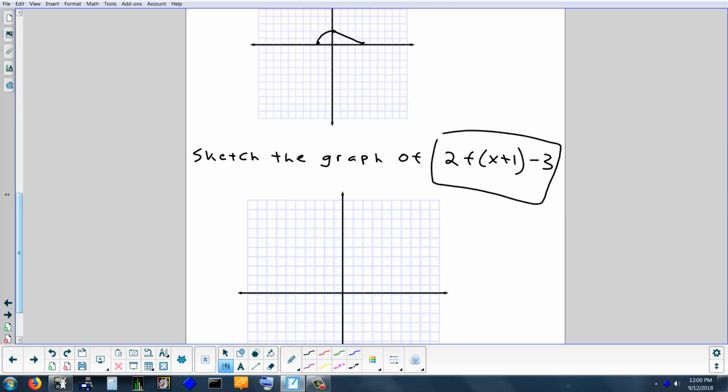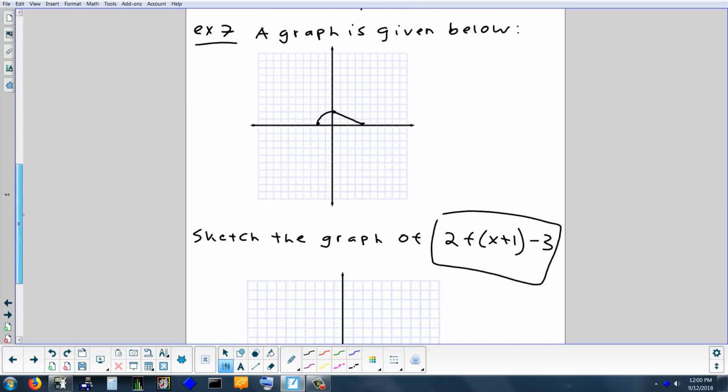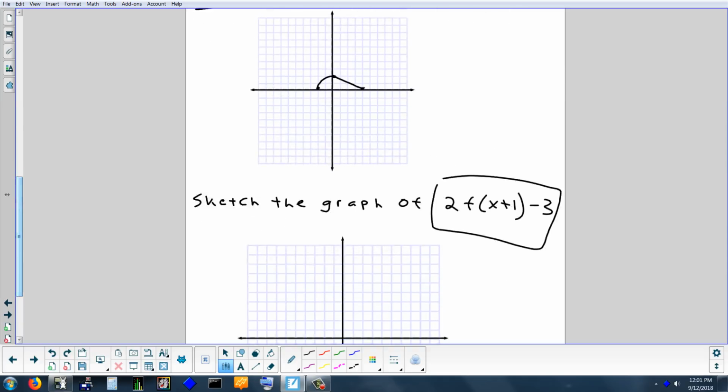Yep, you're going to do 3 things to that graph. Nothing you do in this problem is numeric. It's all visual. Can you tell me the first thing that I'm asking you to do to that, Nathan? Stretch it. That's going to be the second thing. But I agree, we are going to stretch it by a factor of 2, so you're going to double all the y values. First, go left one. We're going to shift left 1.